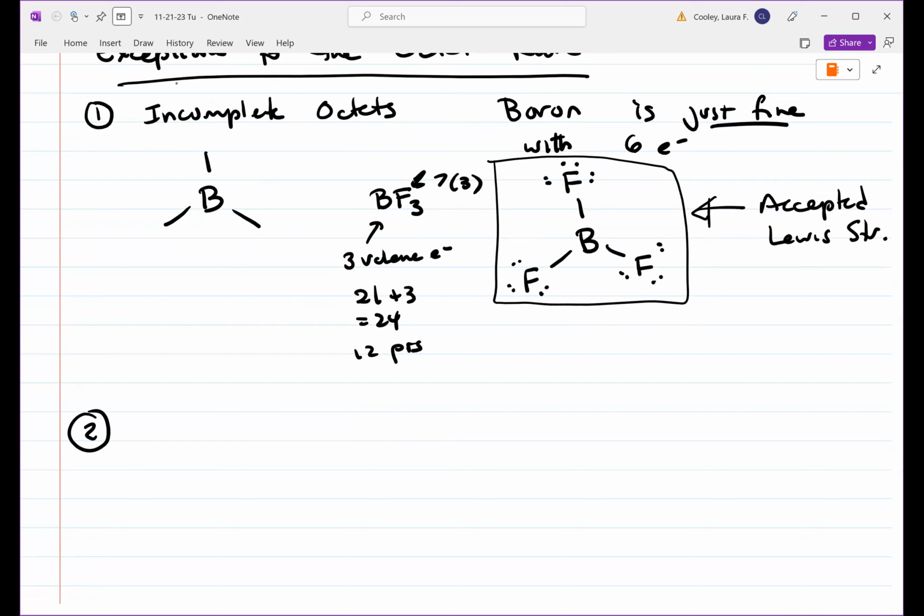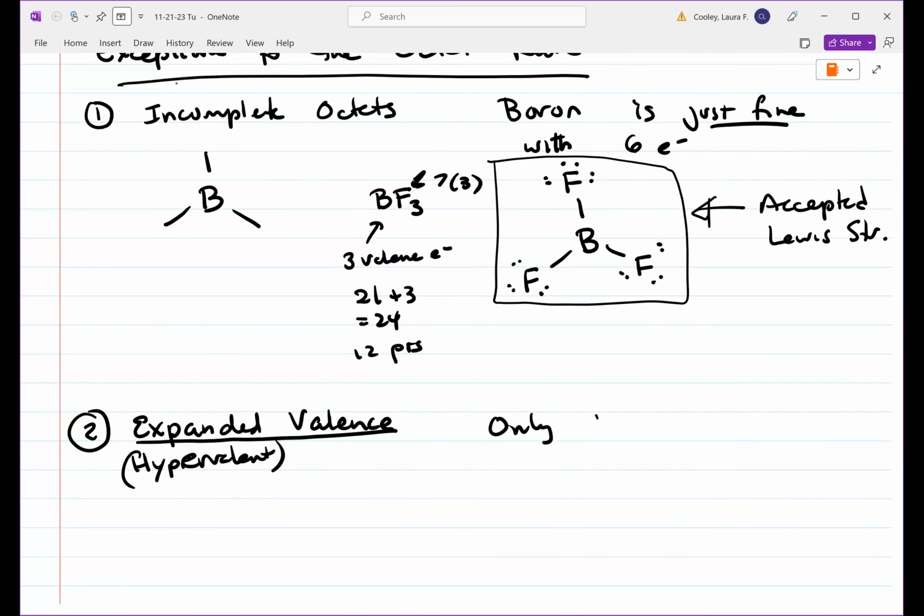The second thing is a little bit more of a big deal, and I call it expanded valence. Some people call it hypervalent, but I've never heard that term except in the OpenStax book. I don't know, maybe in a previous edition. I call it, and most people call it, expanded valence. And this is only for atoms in the third or higher period.